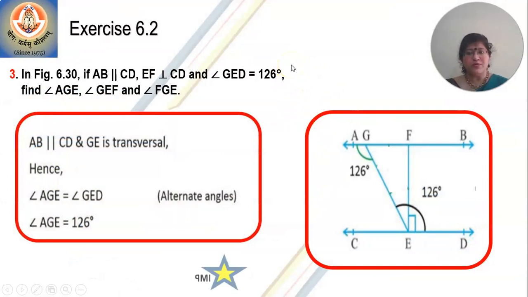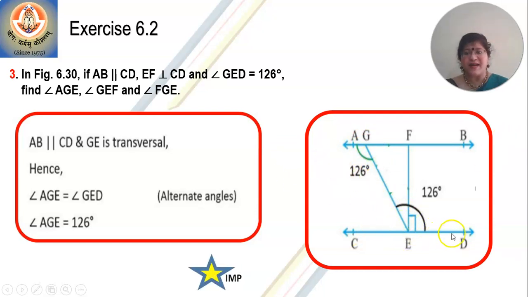Exercise 6.2, question number 3. Now it is mentioned AB is parallel to CD and they have asked you to find out the measure of these three angles. Okay, so first let us find out what is the measure of angle AGE. Now AGE and GED, are they not alternate angles?